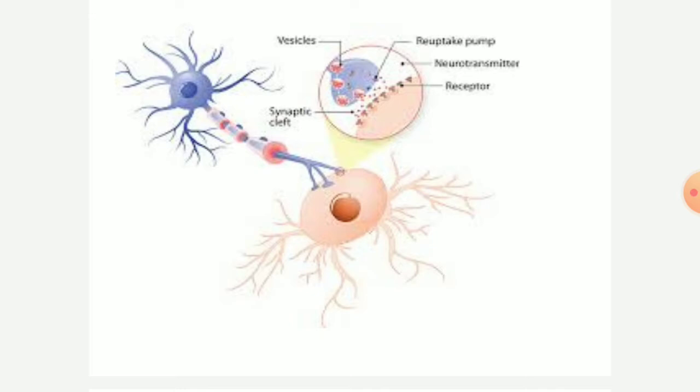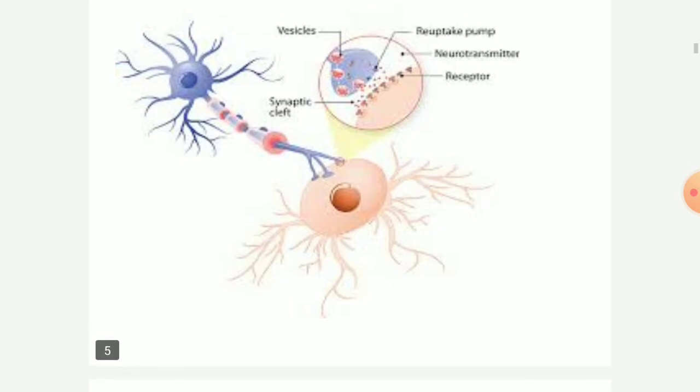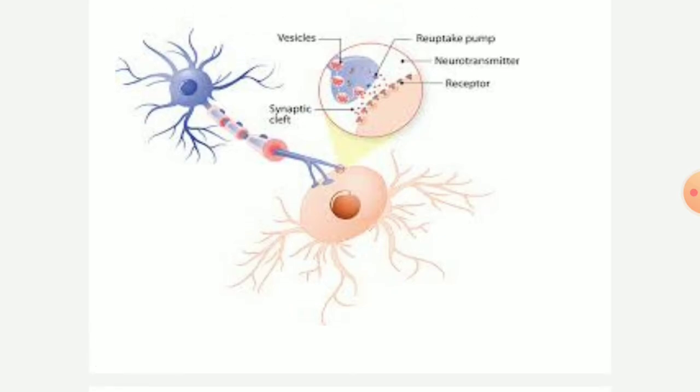On the cell body of another neuron there are many receptors, and the neurotransmitters released from the axon terminal get attached to the receptors present on the cell body of the other neuron.